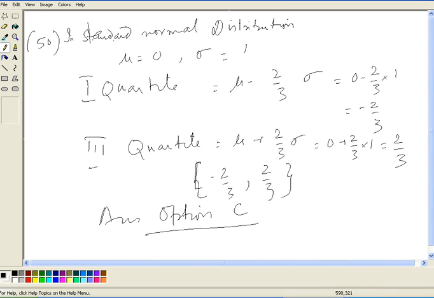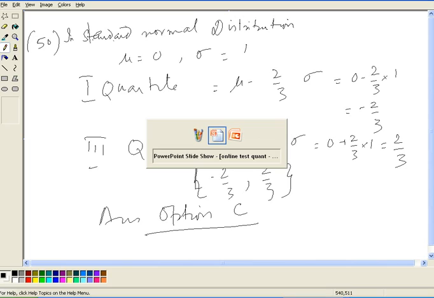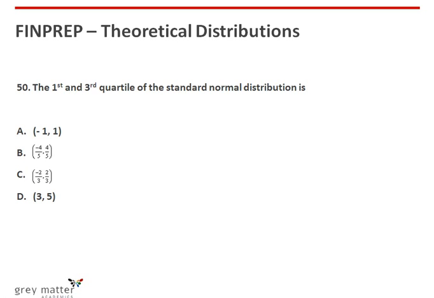The third quartile will be equal to mu plus 2 by 3 sigma, which is plus 2 by 3. So the answer is option C. Going over to the PowerPoint presentation, it is option C, which is minus 2 by 3 comma 2 by 3.